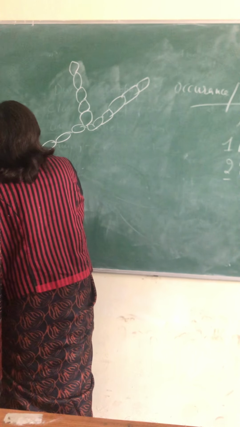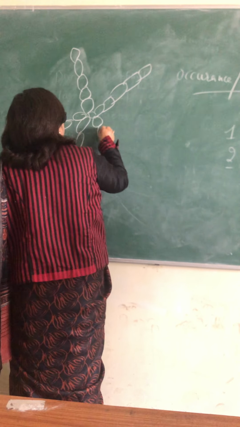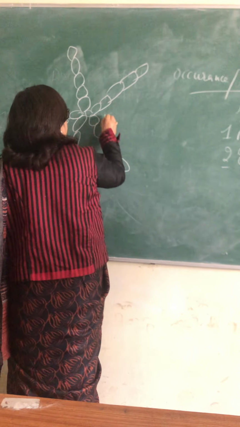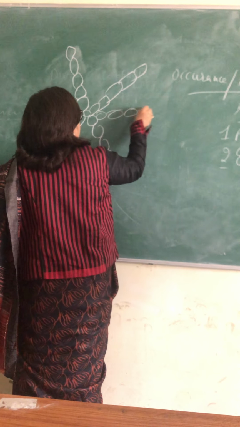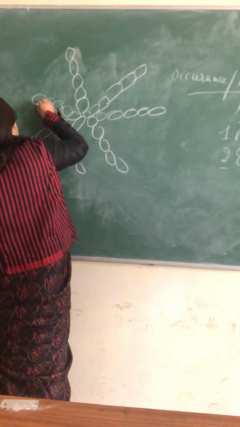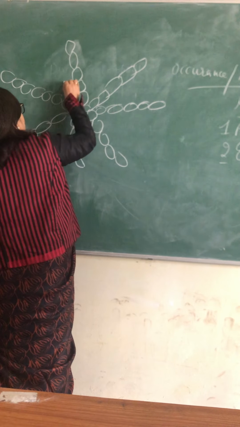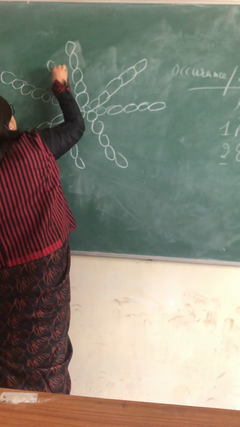In some species of Coleochaete, we have filaments which are joined in the center and they form a prostrate system of the thallus which consists of scattered filaments.